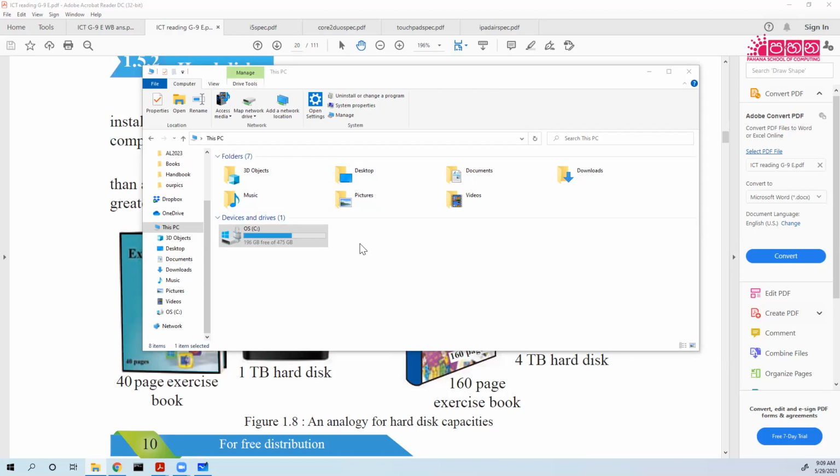Do you have C, D, E, or just a C? In my machine, for example, I have C only. Yes, Dhananji, do you have only one partition in your machine, or are there multiple partitions like CD or CDE and so on?